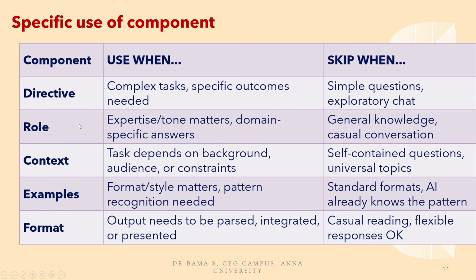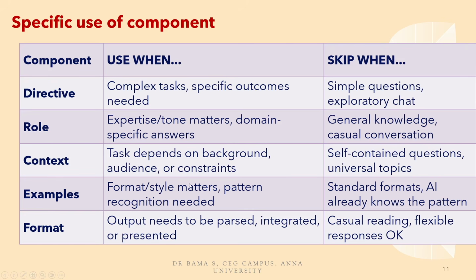The role is needed when there is expertise, domain specific answers, and we can skip when there is general knowledge or casual conversation that we have with an LLM. Third is the context, where it depends upon background and there are specific sets of audience or constraints, and we can skip when it has simple questions or universal topics.